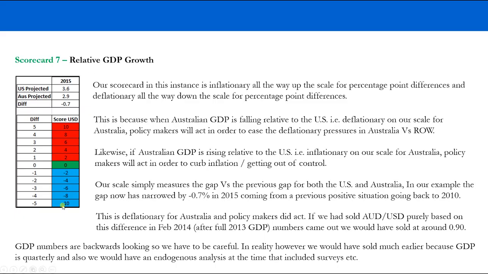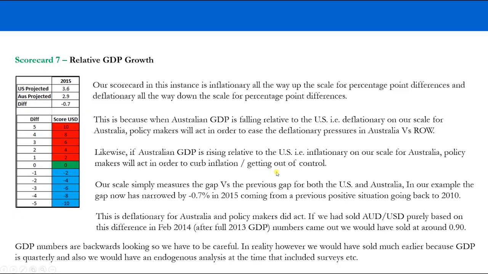So when we're in this area here, Australian GDP falling relative to the rest of the world and falling relative to the US in particular. So Australian GDP minus United States GDP becomes negative. It's falling.